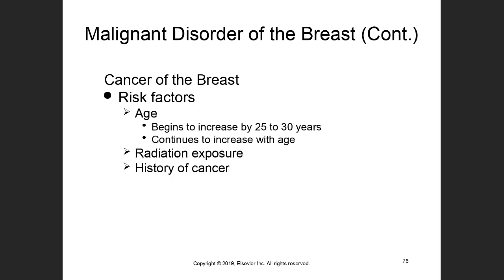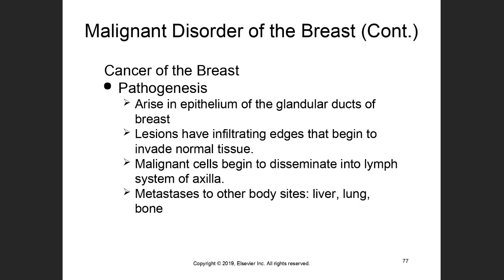Risk factor: age begins to increase by 20 to 30 years and continues to increase with age. Radiation exposure, history of cancer. Pathogenesis: it arises in the epithelium of the glandular duct of the breast.